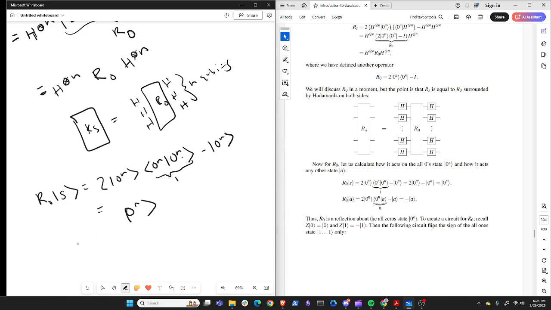And if it interacts with anything else, then we wind up with 2 A. So we'd have some arbitrary state A not being all zeros.